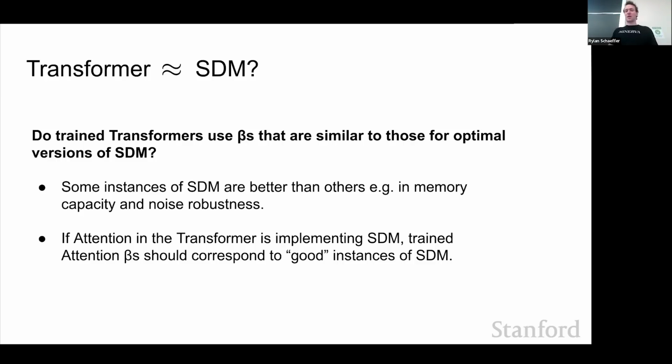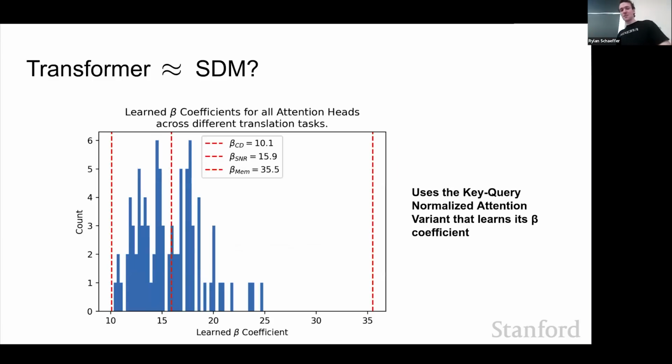For example, you just want to store as many memories as possible, and you're assuming that your queries aren't noisy, or you're assuming your queries are really noisy, so you can't store as much, but you can retrieve from a long distance. If attention in the transformer is implementing sparse distributed memory, we should expect to see that the beta coefficients the transformer uses correspond to these good instances of SDM. And we have some weak evidence that that's the case.